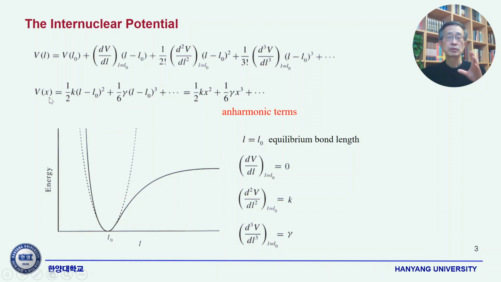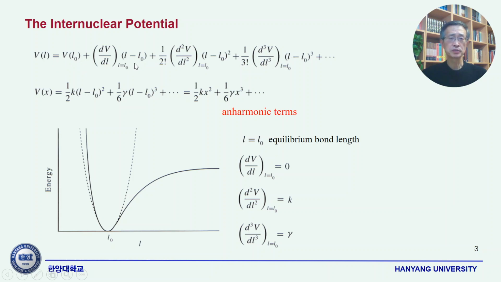Any motion is moving under the potential energy. So the potential energy for this vibration or oscillation could be expressed in terms of the displacement, and actually this is expanded in terms of displacement.